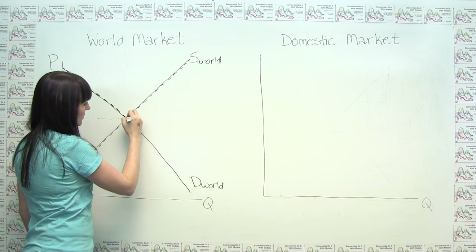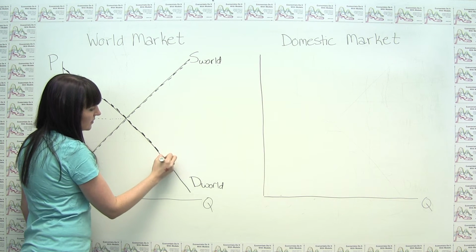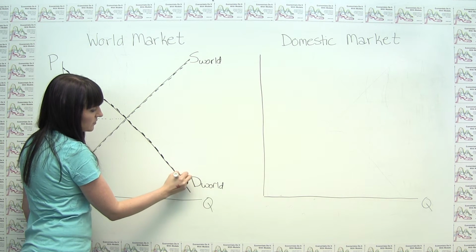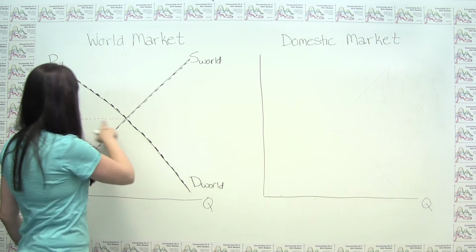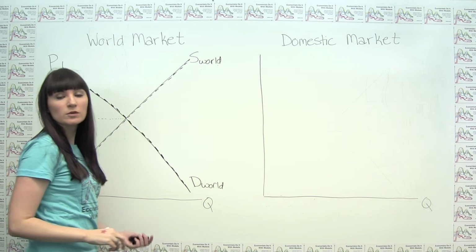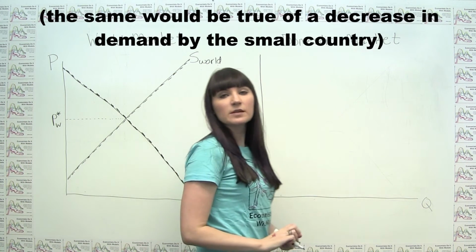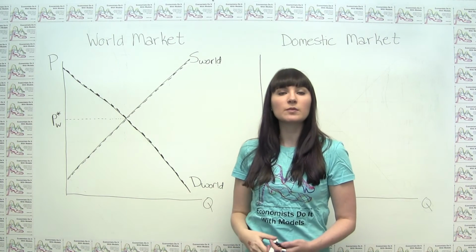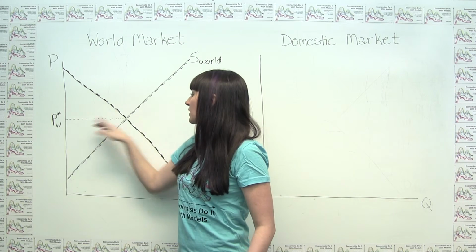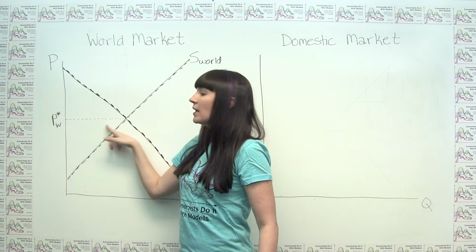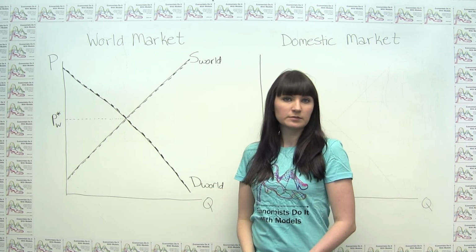It might look something like this. Again, we can see how this sort of change would have a small, at best, impact on the world price. So under this assumption that this country is small compared to the overall world market, this country doesn't really have the opportunity to impact the world price by changing its level of demand.